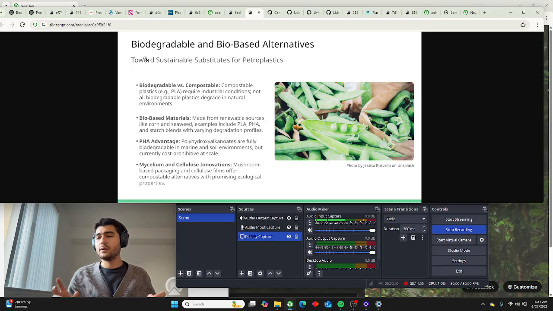There are many compostable things from starch based cornstarch or seaweed. Examples include starch plants with varying degradation profiles, and there is something called PHA, and they are fully biodegradable in marine and soil environments, but currently cost prohibitive at scale. Yeah, usually we choose the cheapest option, okay?